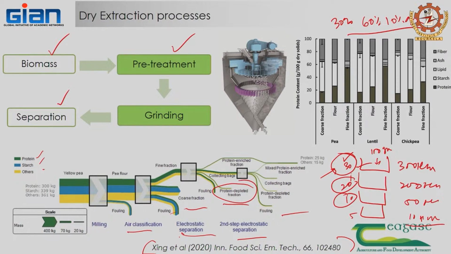Here you can see the coarse fraction, flour and fine fraction. All these fine fractions contain a large amount of protein, because they have lower molecular weight and you can grind them properly.